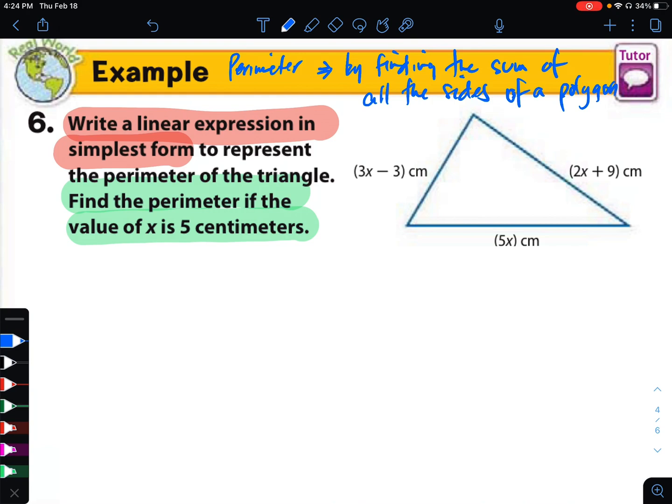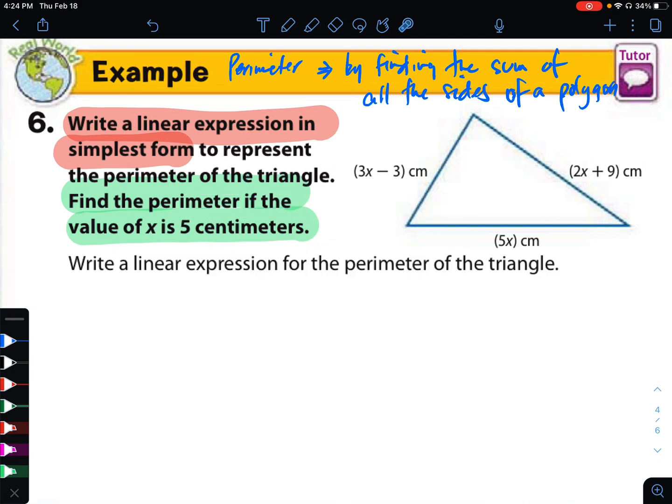A triangle is considered to be a polygon and it has 3 sides. Meaning, if I am going to find the perimeter of my triangle, I am going to add all of these 3. Finding the perimeter means adding this side plus that side and that side.